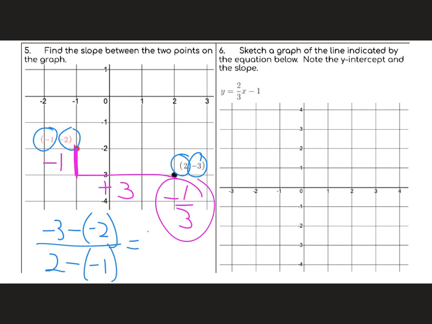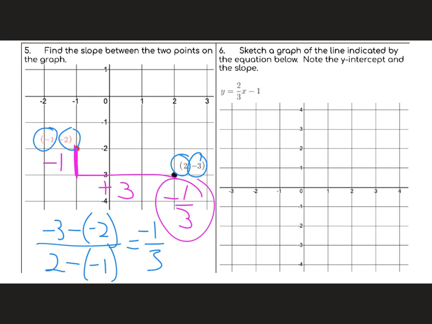Negative 3 minus negative 2 is negative 1, because that's the same thing as saying negative 3 plus 2. 2 minus negative 1 is the same thing as saying 2 plus 1, which is 3, so negative 1/3 is the slope. You can do it using the graph. You can do it using your slope formula that you may have learned. It is up to you.